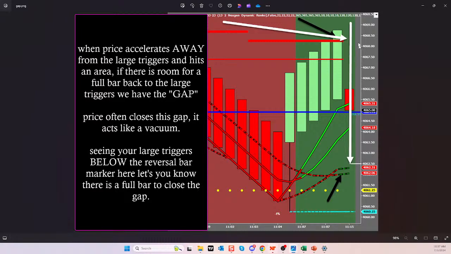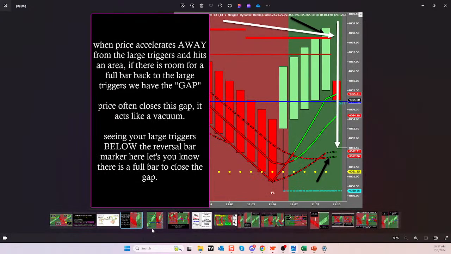If they are, the mid-band is behaving as a termination condition. So what happens is when price reaches a mid-band, if my large triggers are below this reversal bar marker, they are more than a full bar away, which means that it's a 100% termination condition. And you see it going up.